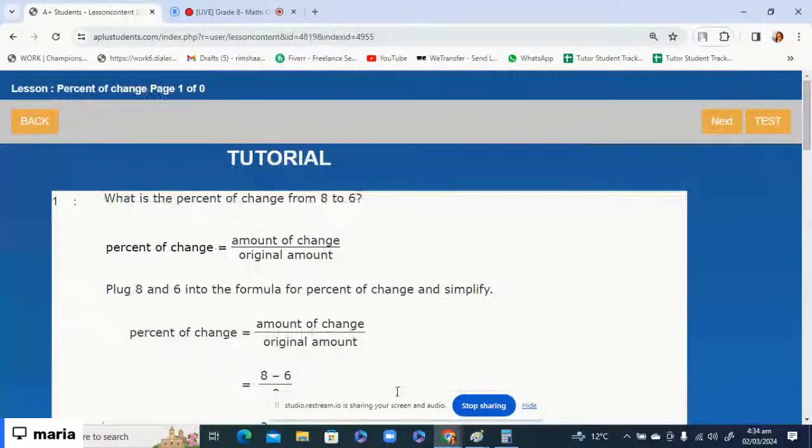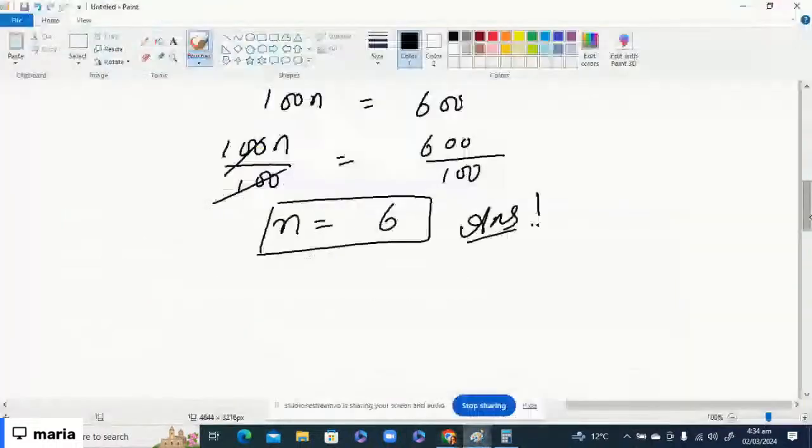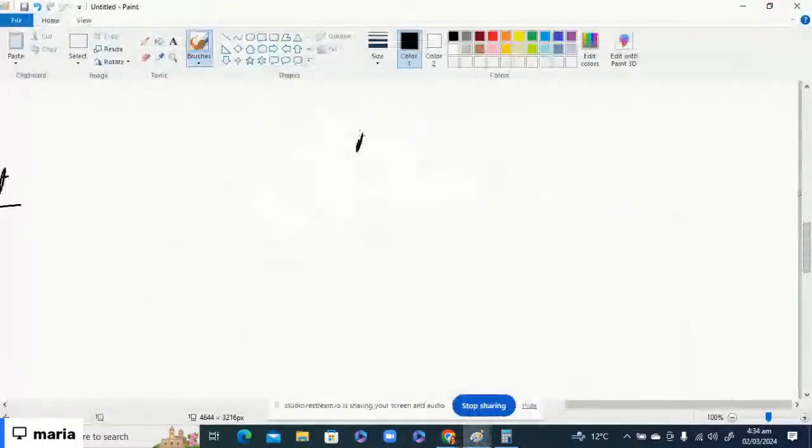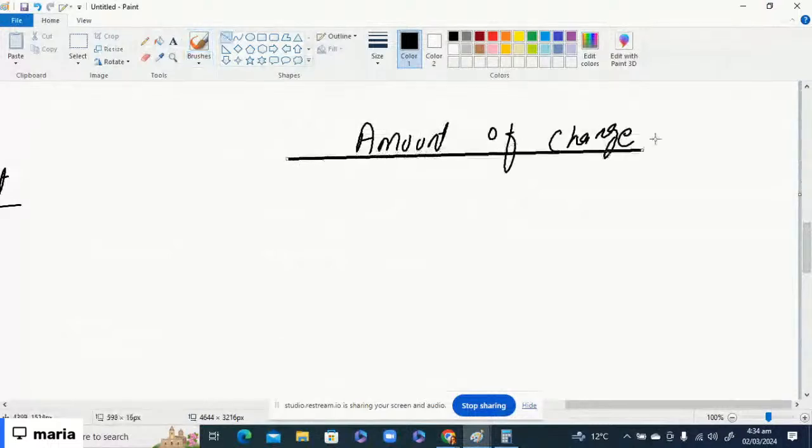This is the formula for percent of change.